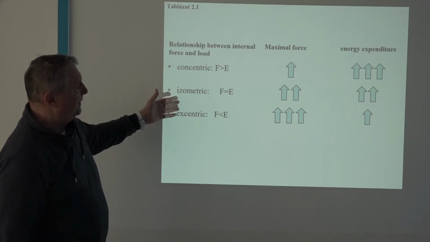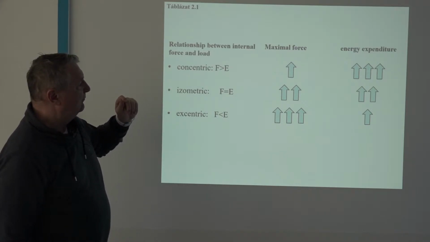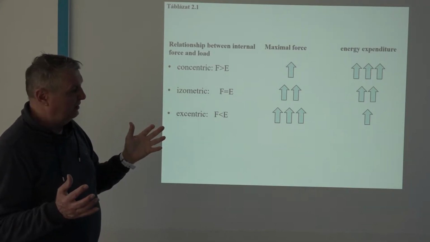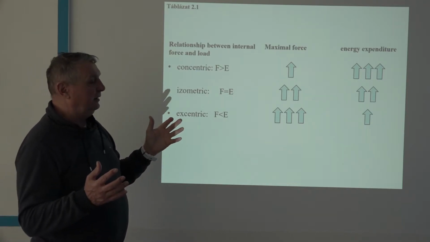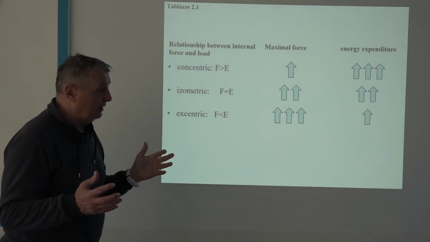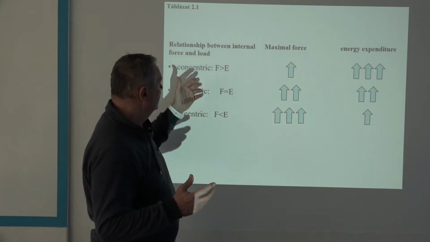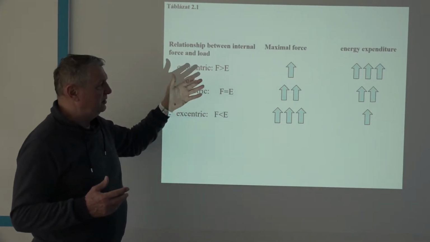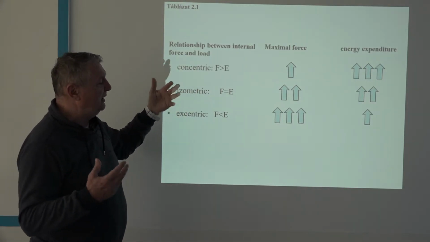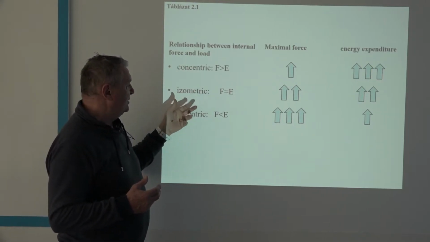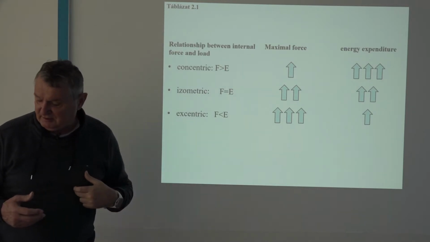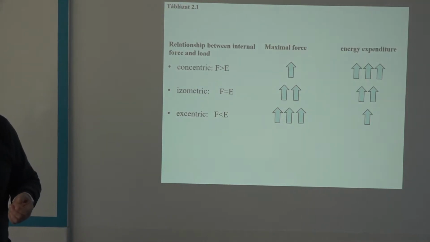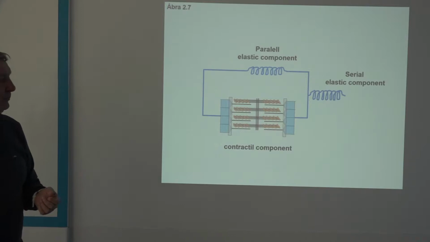And if you see the energy per Newton that you can achieve, surprisingly, concentric condition needs a lot more ATP than in case of isometric and eccentric exercise. So I'm going to tell you why this is happening.